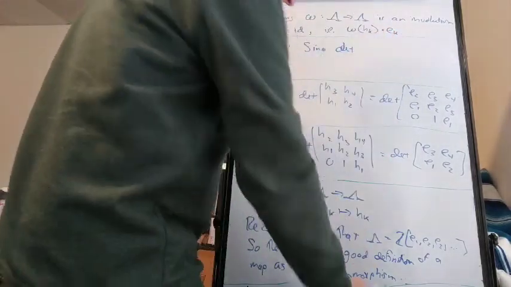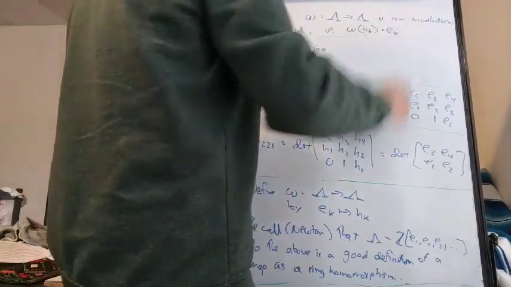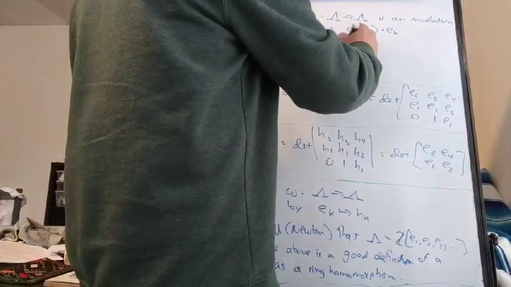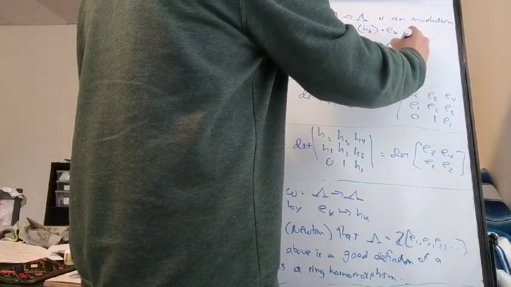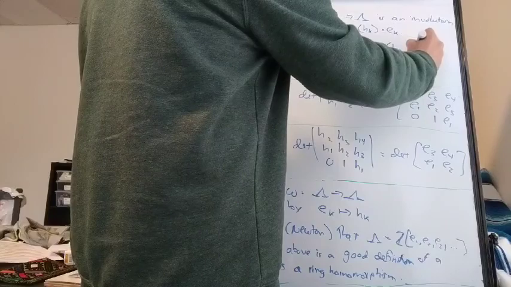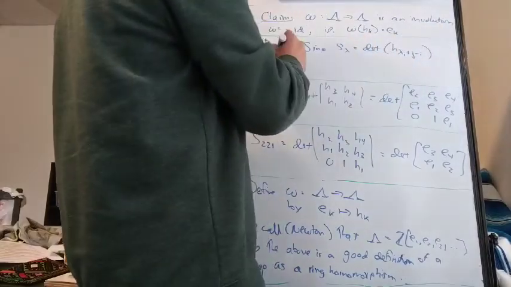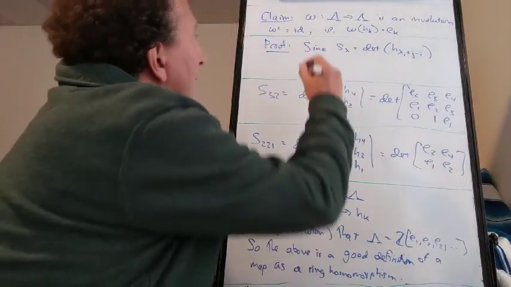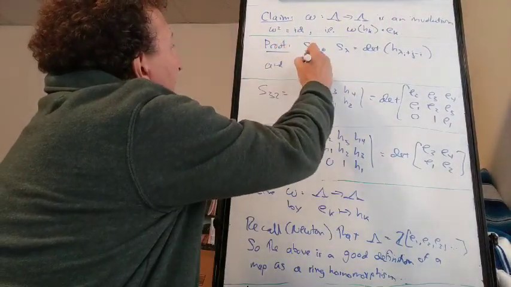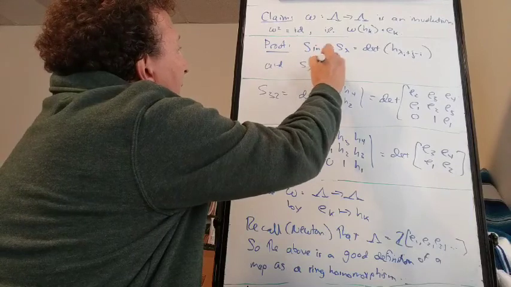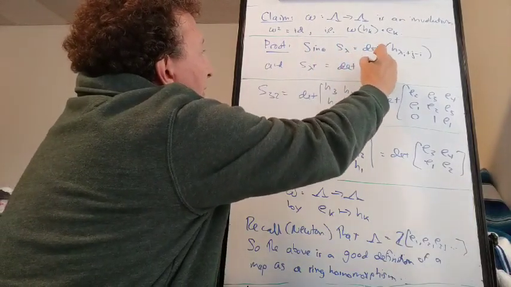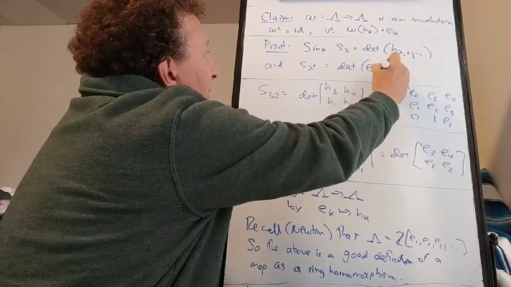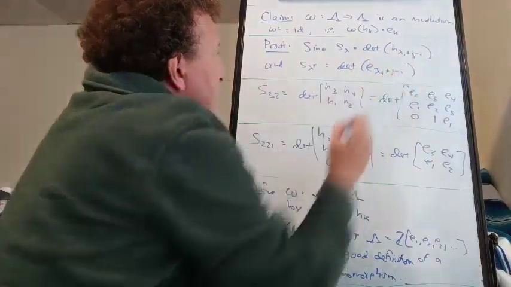Now, since the Schur function S lambda equals the determinant of the matrix whose entries are h of lambda i plus j minus i, and S lambda transpose equals the determinant of the matrix whose entries are e of lambda i plus j minus i.